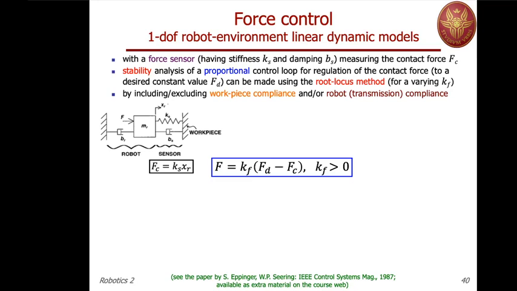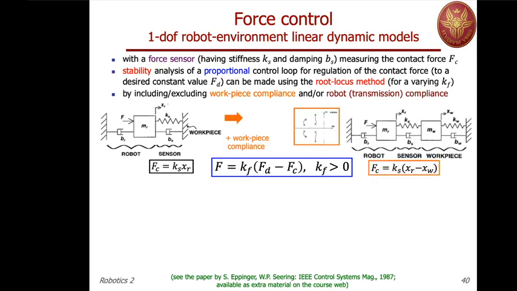So I will try to capture what is described in this paper, which is available for you as extra material on the course web page. For instance, introducing workpiece compliance.